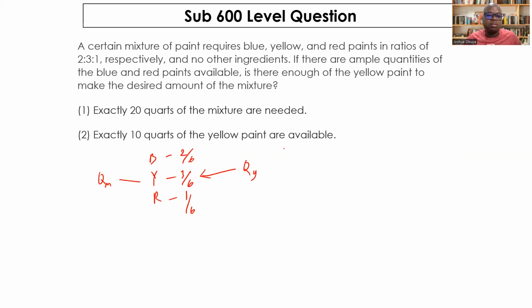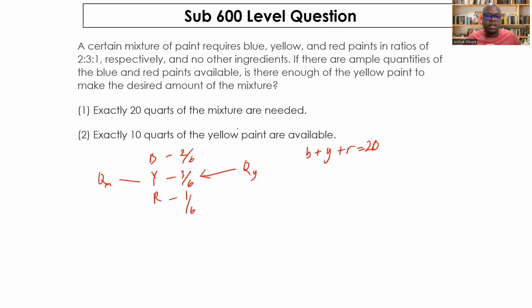We've been told that 20 quarts of the mixture are needed. So blue plus yellow plus red in terms of the mixture will be equal to 20 quarts. If you get the values of blue, yellow, and red, then you get 20 quarts.